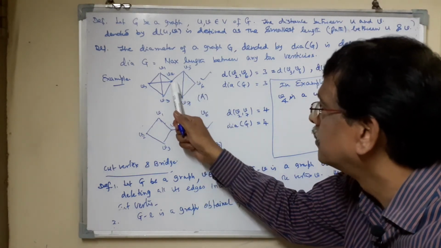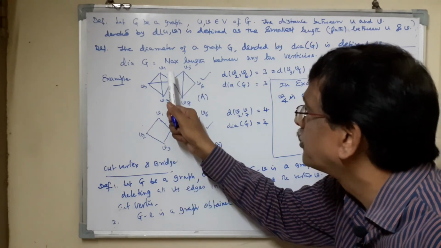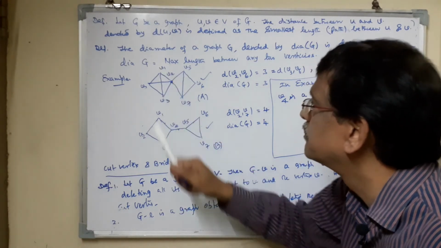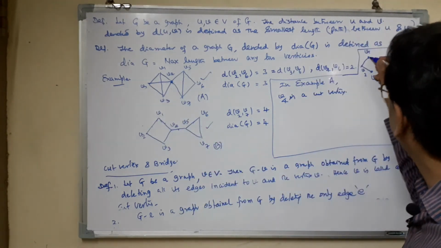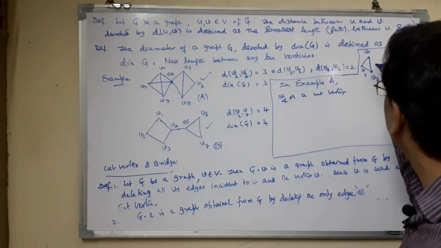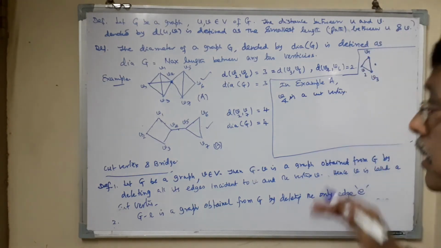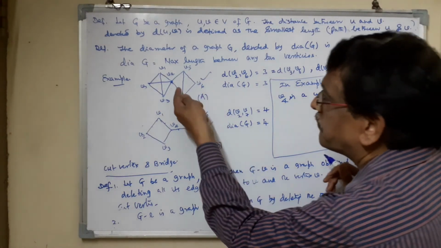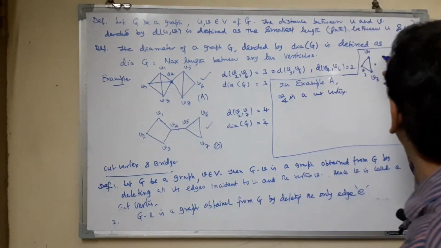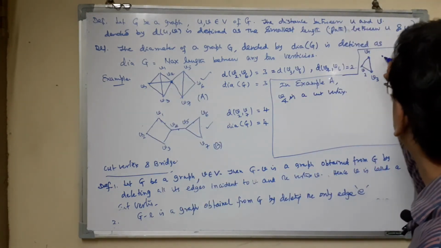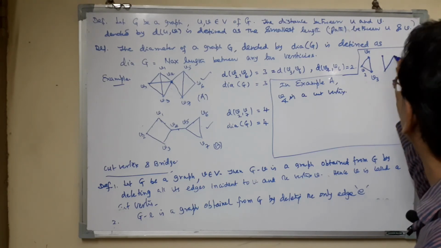V4 I have to remove. If I remove V4, I have to remove the edges incident to V1, V2 and V3. I have to remove V4 also. So if I remove V4, this edge also has to be removed, this edge also has to be removed. So I will get this.